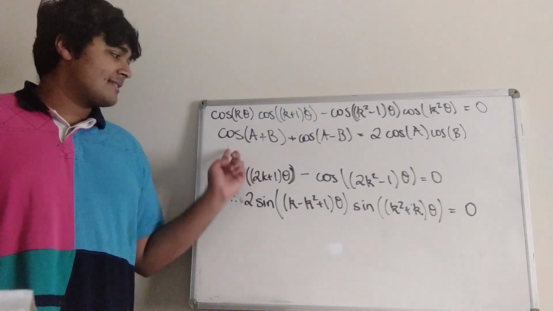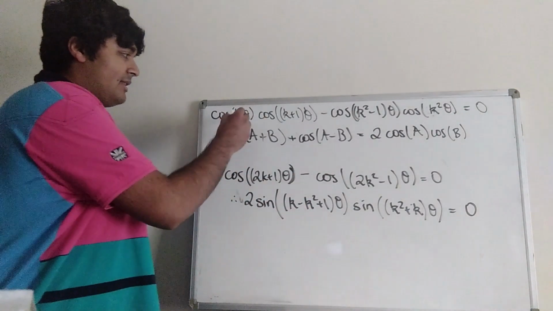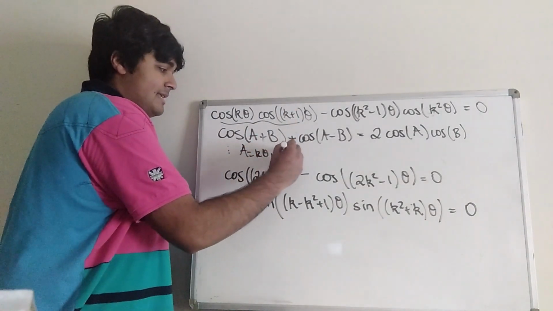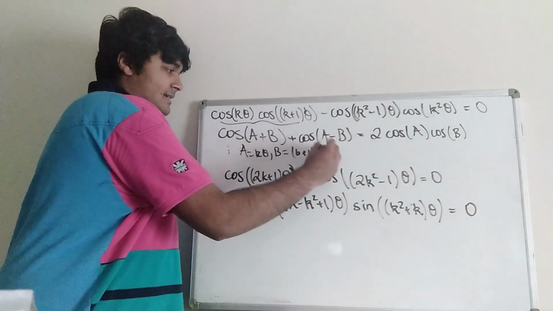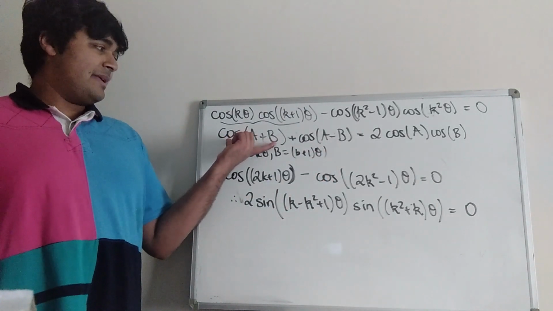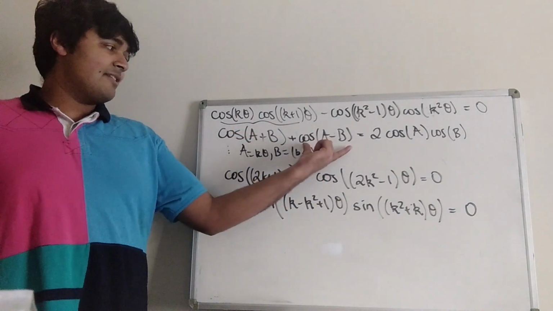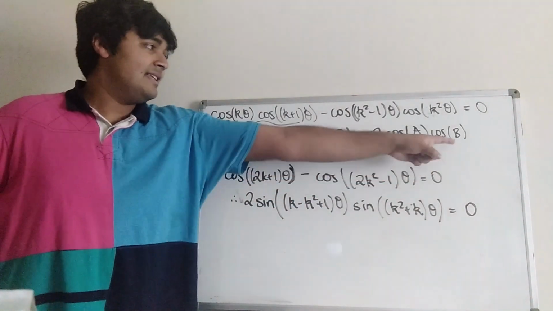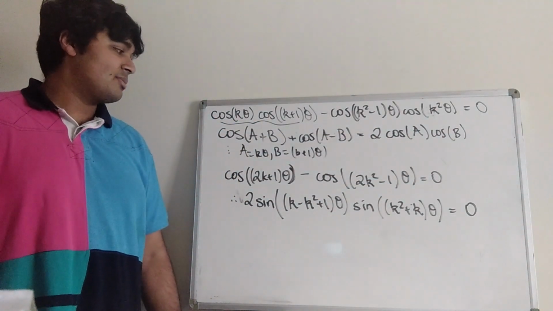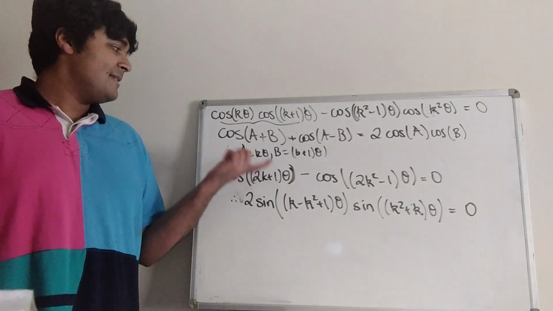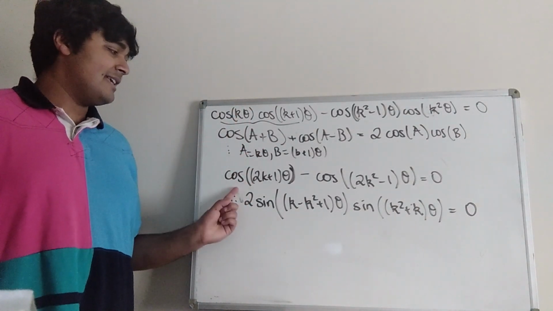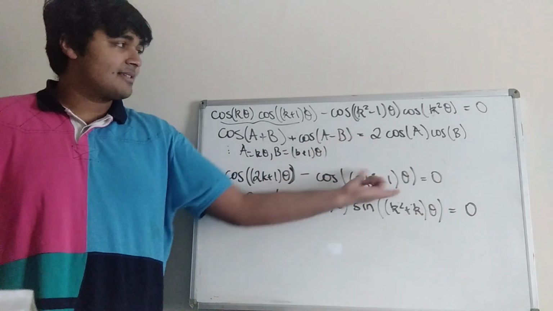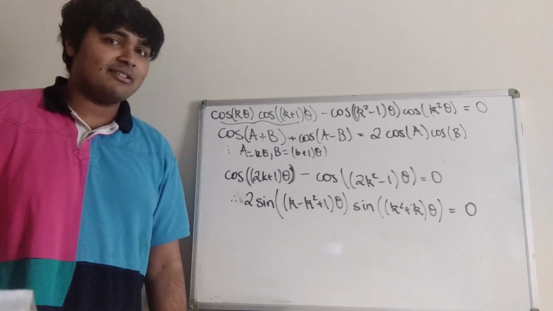Going from this line to this line, for example for this thing here, I've used a equals kθ and b equals (k+1)θ, and that gives me cosine of (2k+1)θ, and cosine of θ, and that's going to give me 2 cosine of kθ cosine of (k+1)θ, which is what I have up here, and this cosine of (2k+1)θ is here, and then I'll get a minus cosine θ. When I do something similar with this guy here, I'm going to get a minus cosine of θ here.